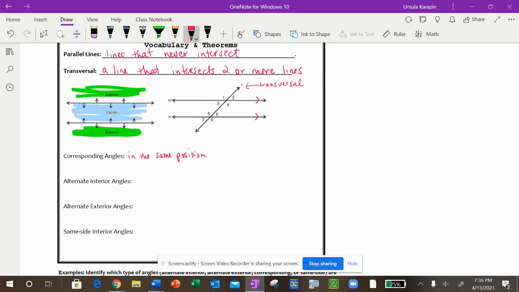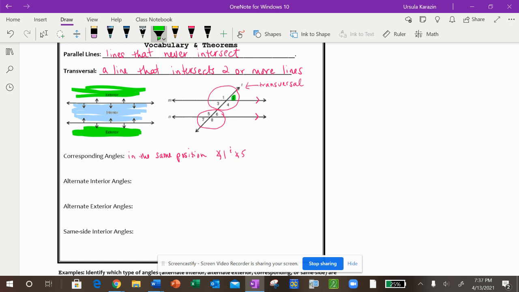So what I'm trying to say is, if we look at angle 1 here, notice how it is in the upper left of those 4 angles. The corresponding angle to that would be in the upper left of the bottom 4. So that would be angle 5. So angles 1 and 5 are corresponding.